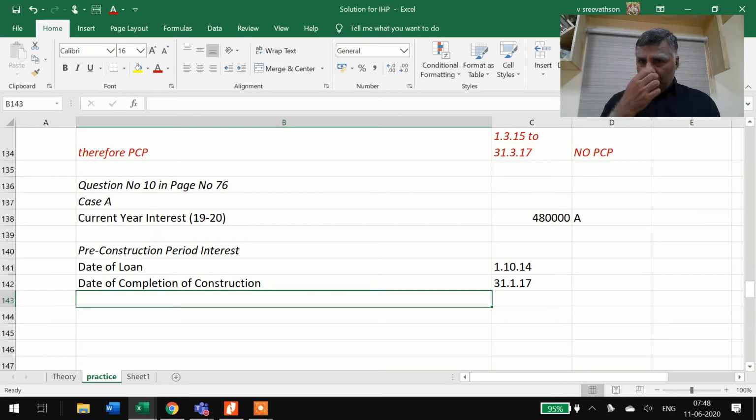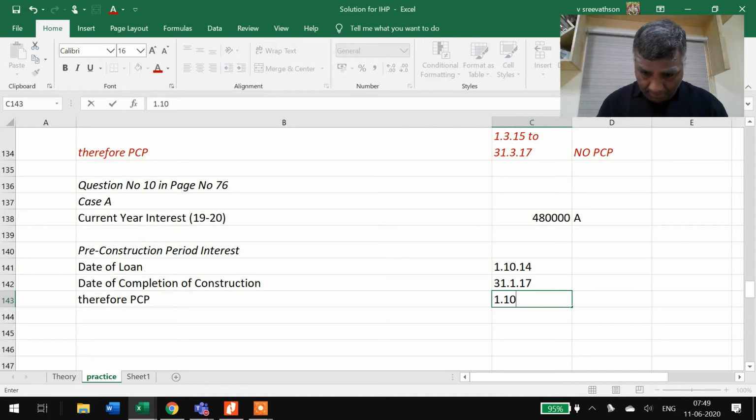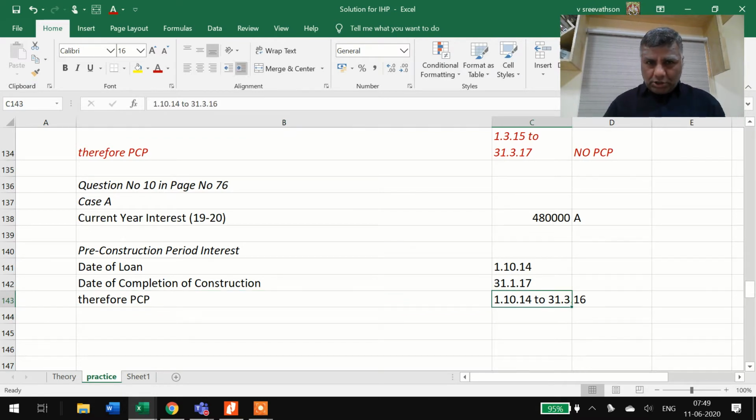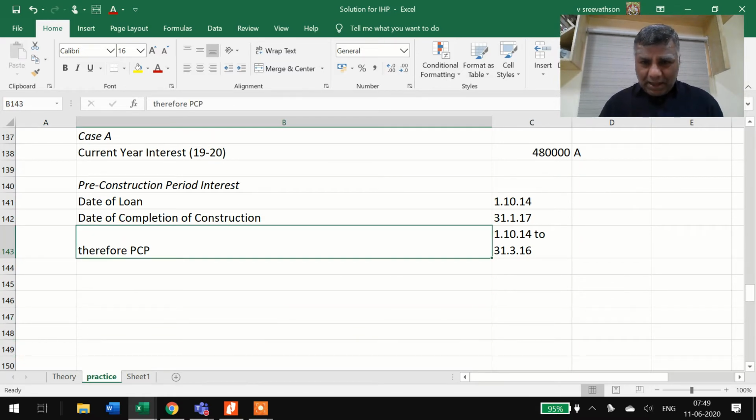Therefore, the pre-construction period is, anybody? 1/10/2014 to 31st March 16. Good, that's good. 31/3/2016. Therefore, this is the PCP.